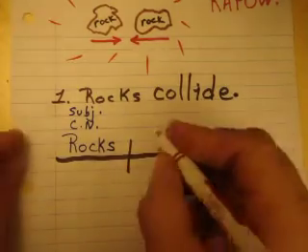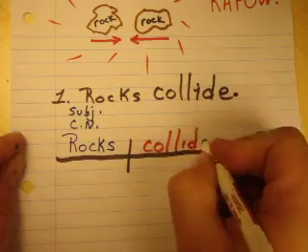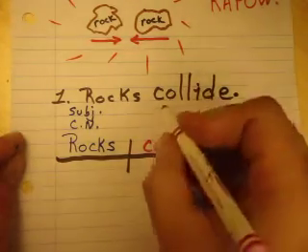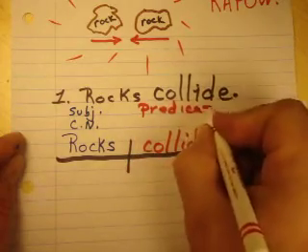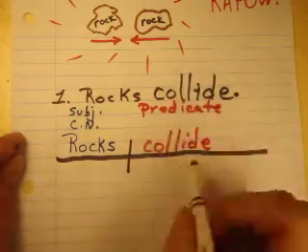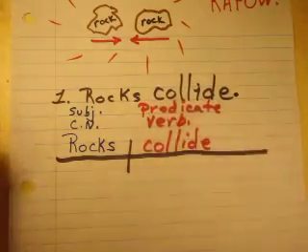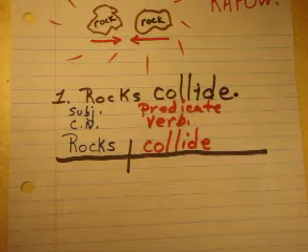On the other side, you should have collide. We know that collide is a predicate. And we also know that it is a verb. You have just diagrammed your first sentence.